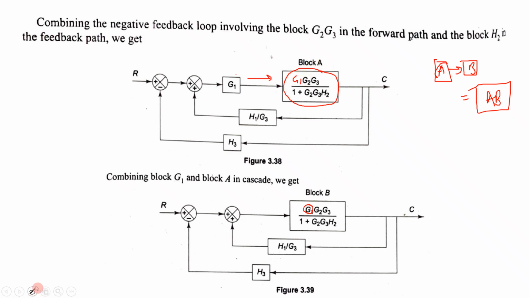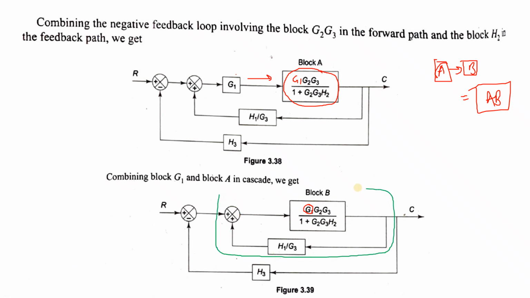Just multiply with the numerator. If there is another transfer function like G1 by H1, then you multiply G1 with the numerator and H1 with the denominator, just simple algebraic multiplication. You multiply this and it becomes a forward transfer function.